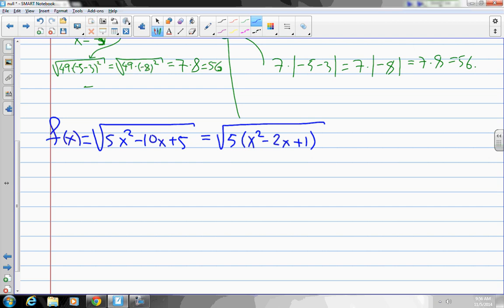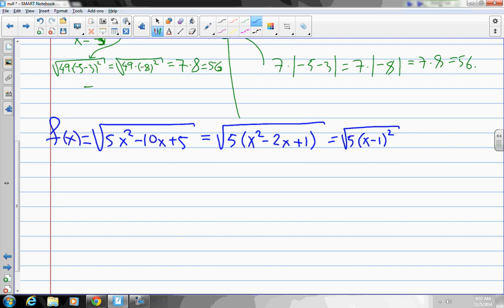Now, can you factor x squared minus 2x plus 1? Is that factorable? What does that equal? So x minus 1 squared. That's a perfect square trinomial, so you're left with the square root of 5 times x minus 1 squared. I'm just factoring. I'm not really paying attention to the fact that I have a square root there. I'll just keep copying the square root.